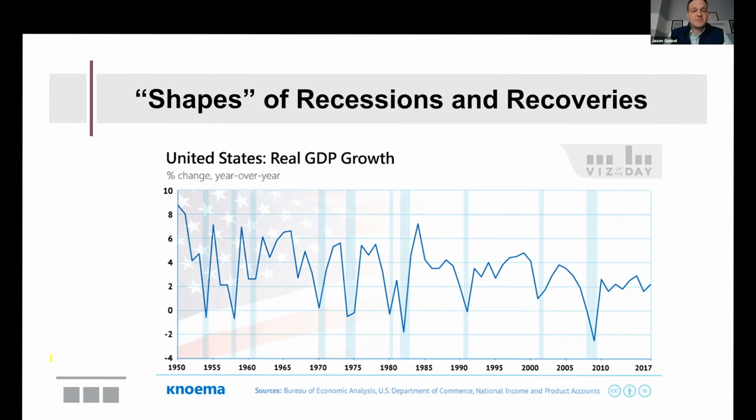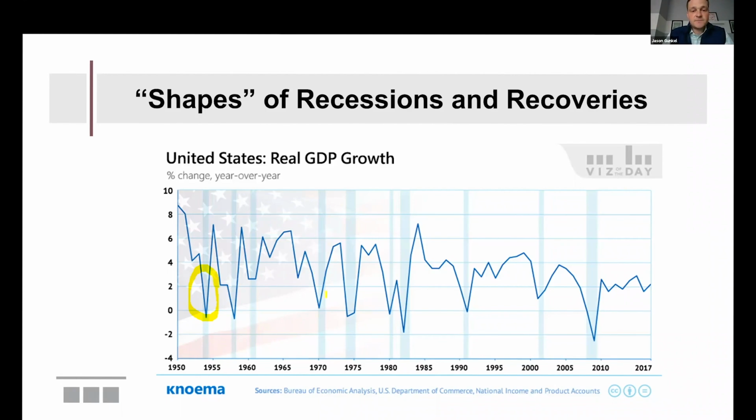And since that time, there's been 10 recessions in the U.S., this according to the Bureau of Economic Analysis. And right off the bat here, you see in 1954, there's a shape that looks like a V. And so this is a clear V-shaped recession where we had a swift downturn followed by also a swift recovery where the economy recovered just about as quickly as it fell.